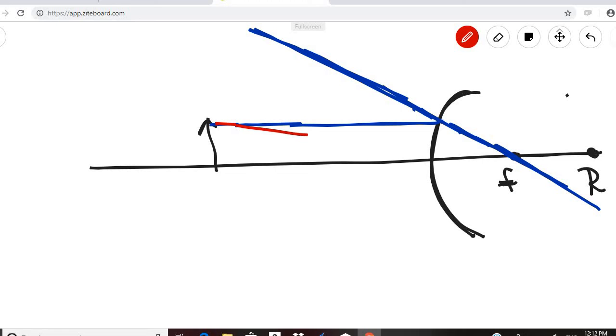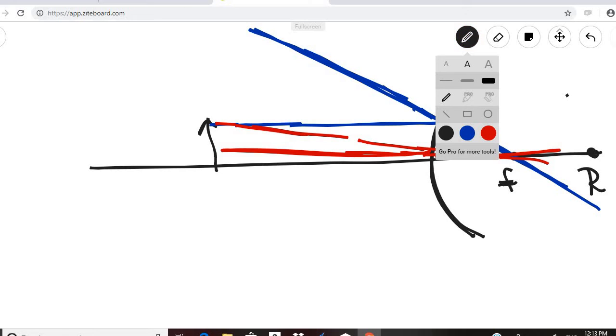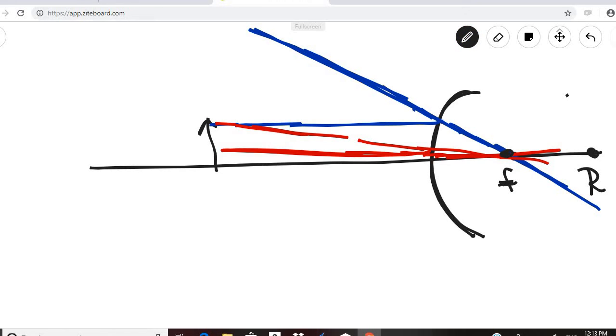So it's going in as if it were traveling through that focal point, but when it hits there, it's going to reflect out horizontally. Then we have to look at where the two reflected lines intersect. So there will be that one and this one, and they're going to intersect at about right there.